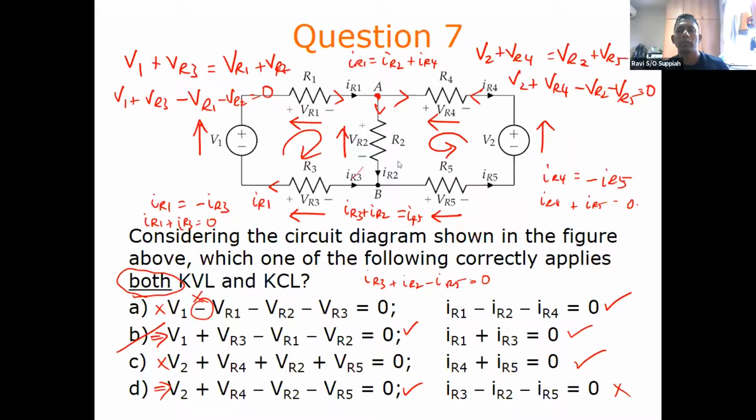The current direction flowing through R2 is from positive to negative. Currently we are assuming the current is flowing in this direction, from A down to B. Okay, I understand the confusion.